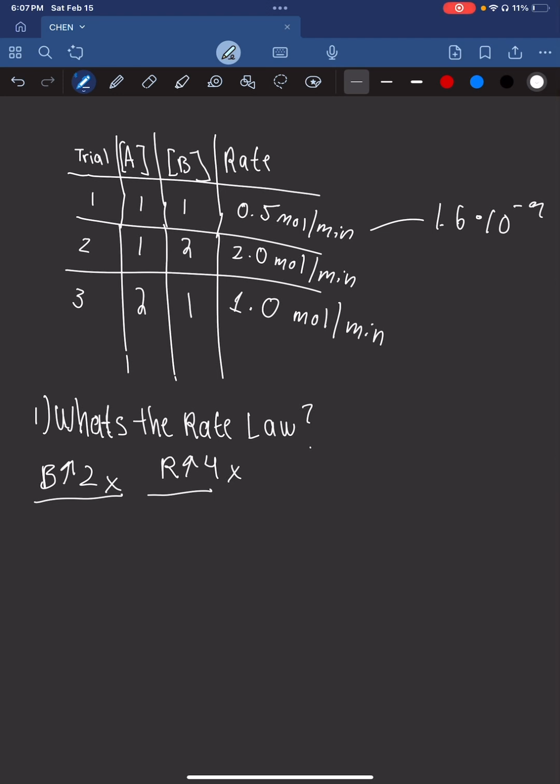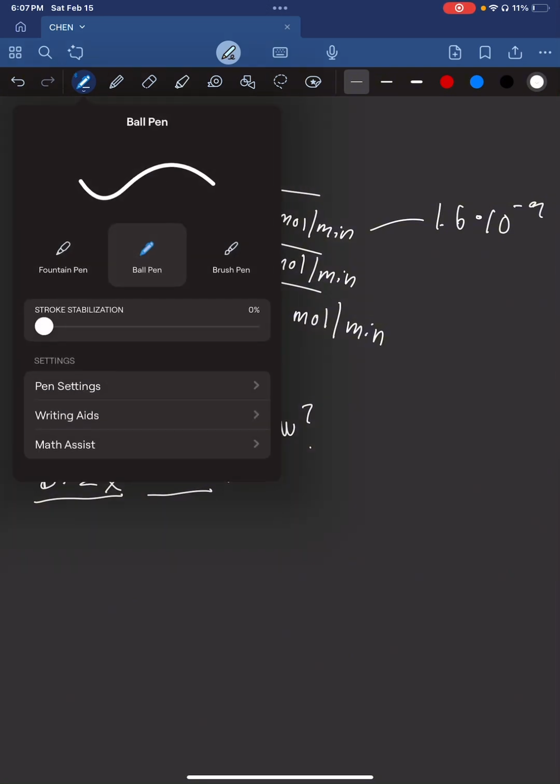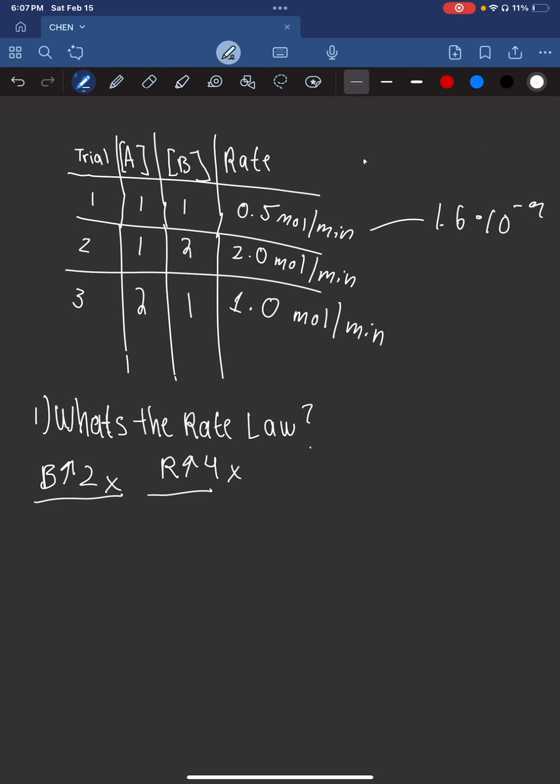What we could do is divide the things that we're looking at. Why am I doing all this? Let's isolate this scenario. We find the concentrations we're working with. Here, it was at 2, then it was at 1, and we set it equal to the change in the rate.